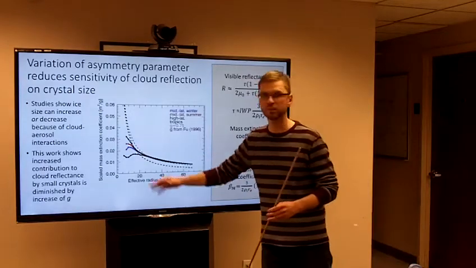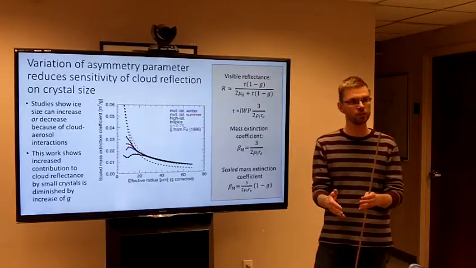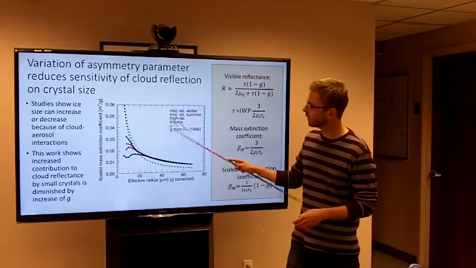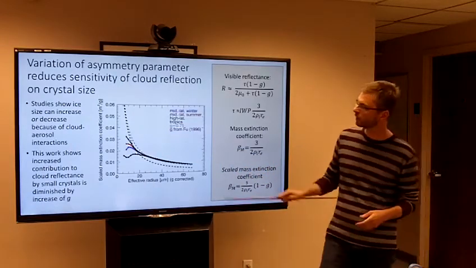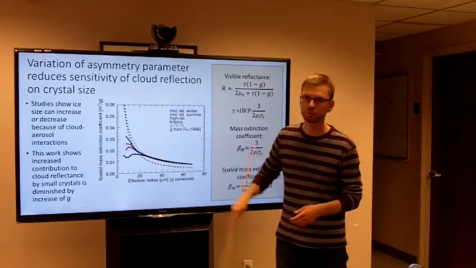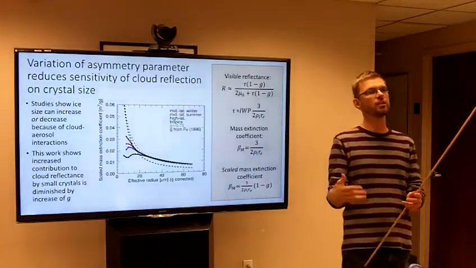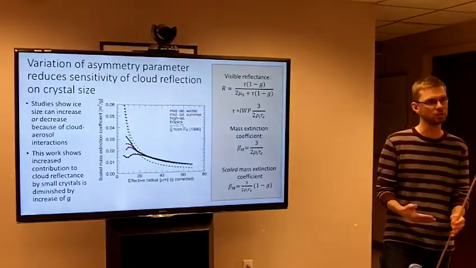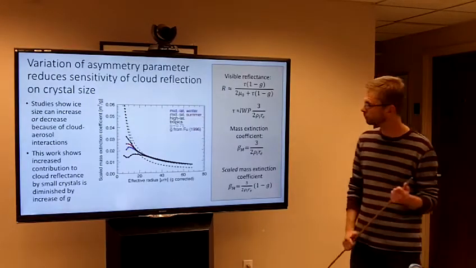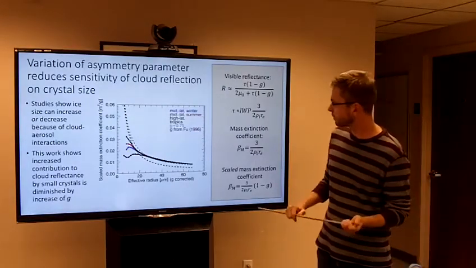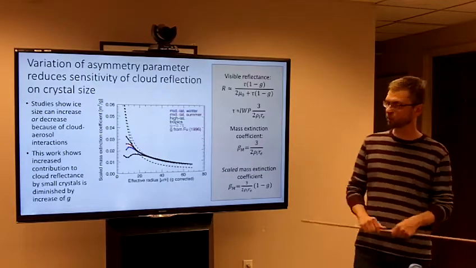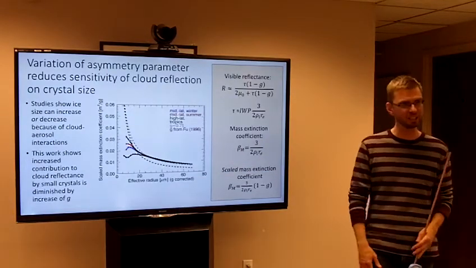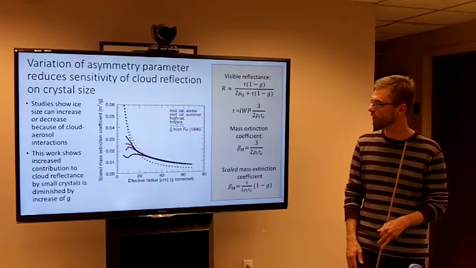So your model is very sensitive to size changes. However, if you applied the retrievals that I got, then you get much flatter curves. So your model is much less sensitive to changes in size. If you put this in the model, the model will be less sensitive to size.